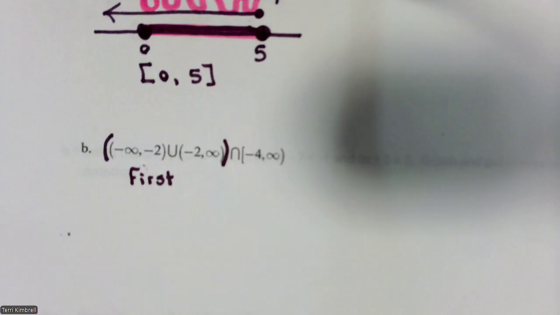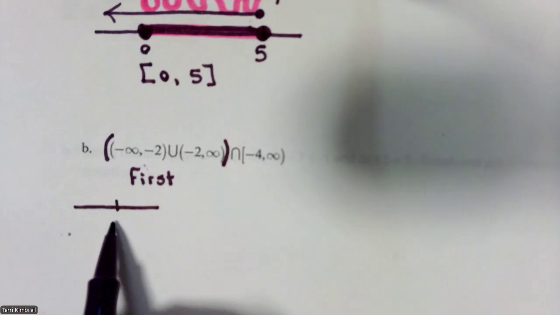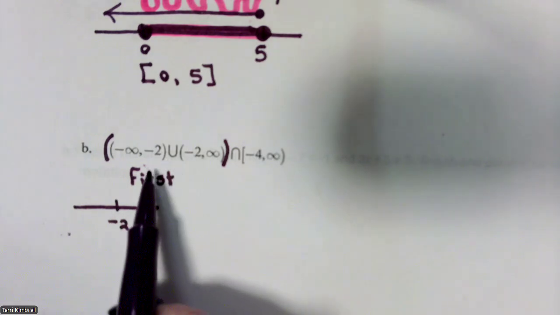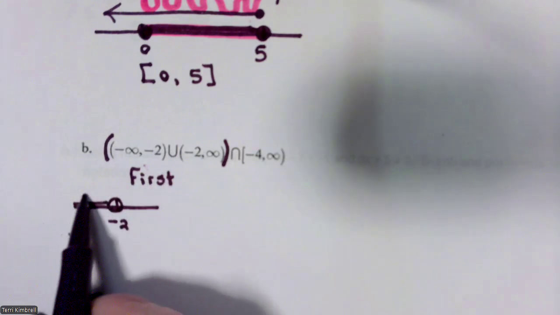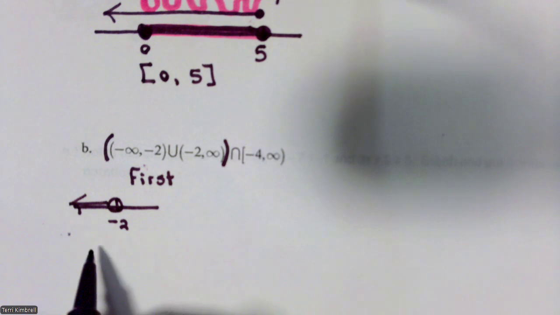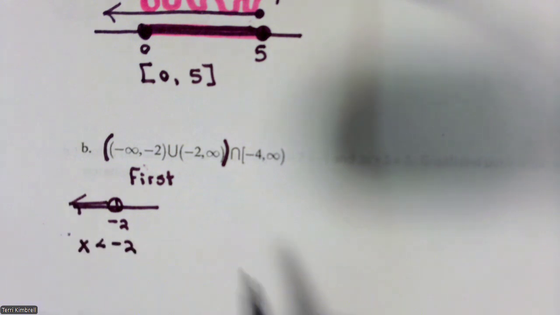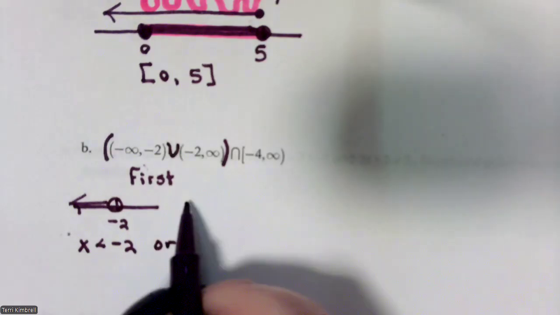Okay, when you get to letter B and you see the parentheses, that's like your order of operations. So you're going to do that first. So we're first off going to think about what this left side would be, which means we would have an open to the left. So that would be x is less than -2. The symbol here, U, is or.